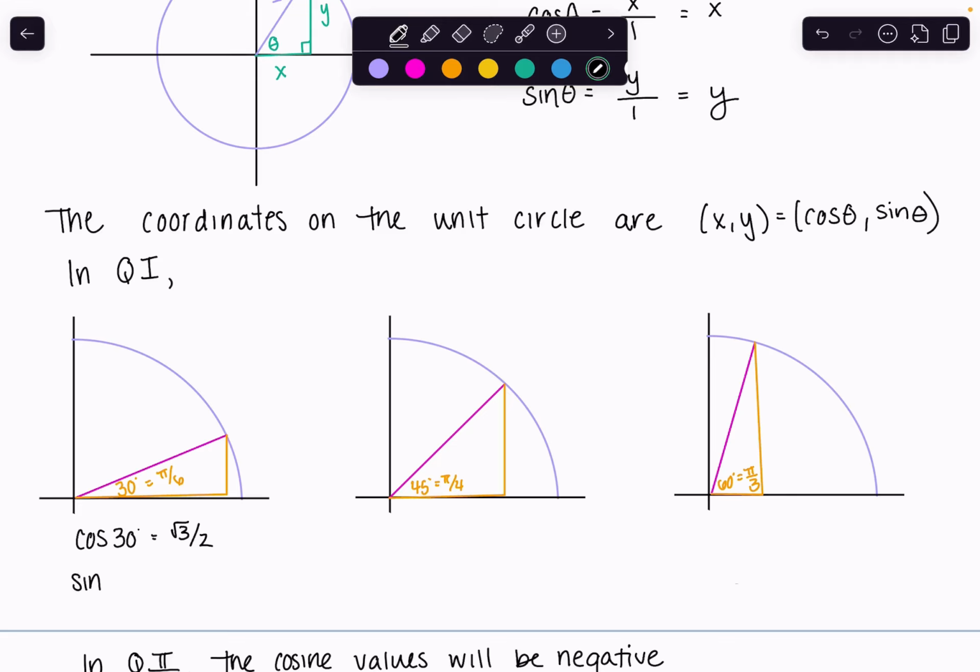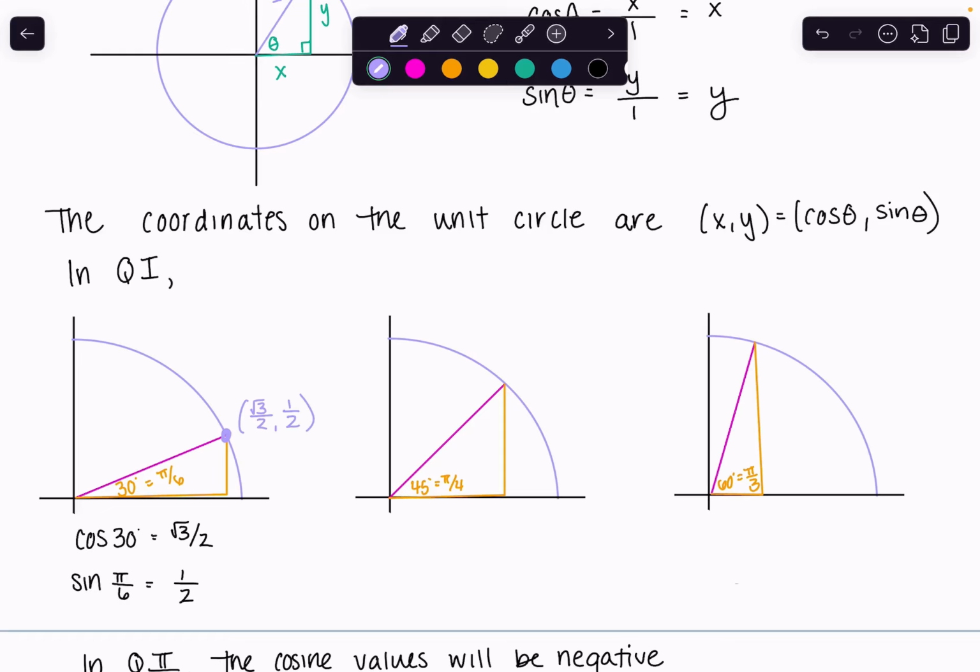And then sine of 30 degrees, in this case using radians, would be 1/2. So this point here on the end of my unit circle would have the coordinates x and y. It's root 3 over 2, 1/2, okay? So this tells me cosine of this angle. This tells me sine of this angle.